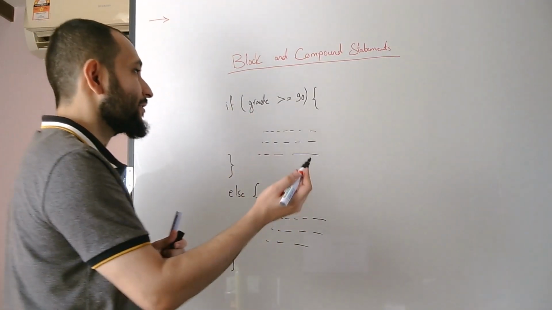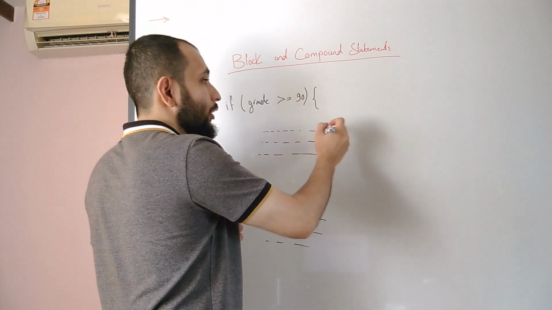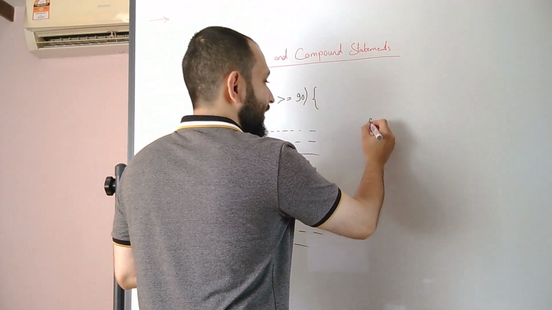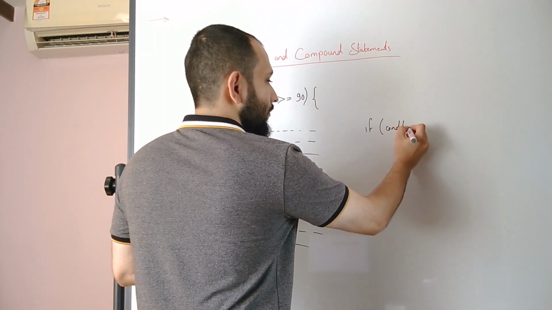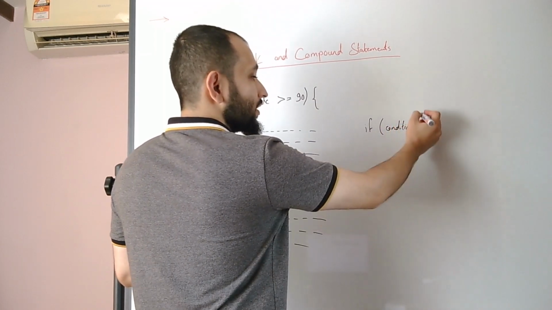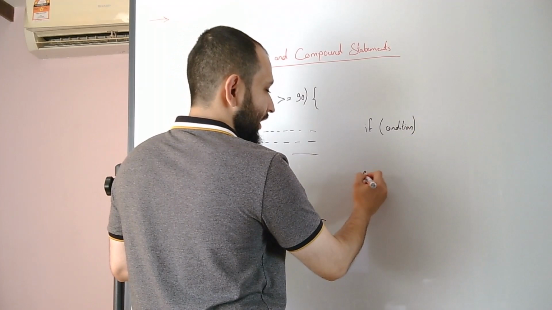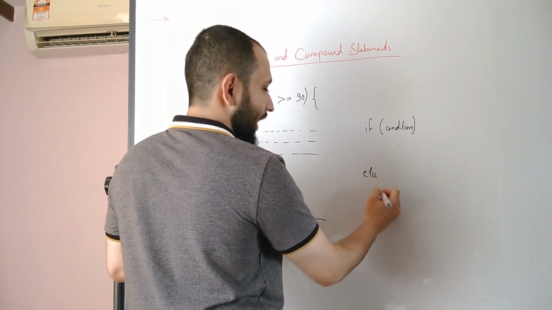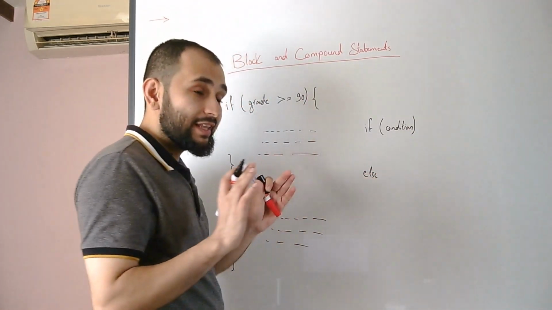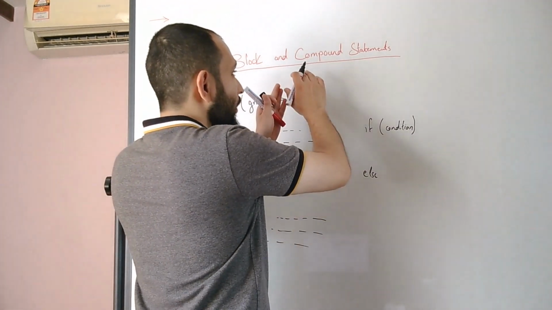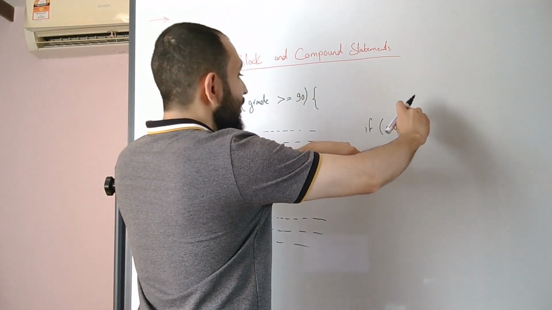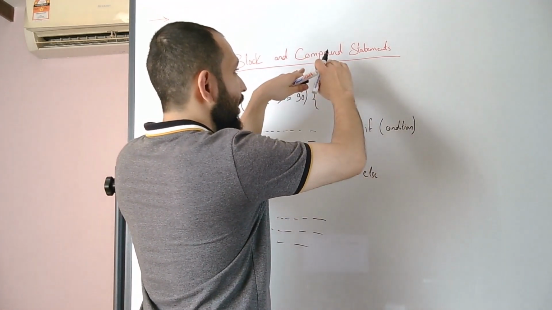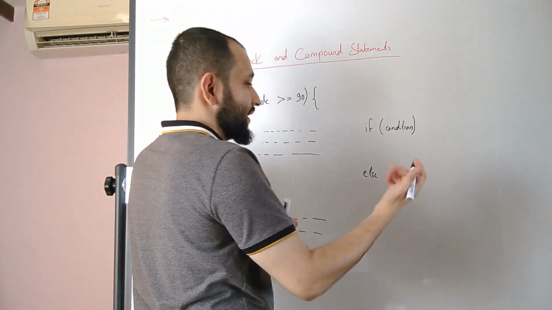But what if we do not include these braces? So if we have an if statement, here we have a condition, and we do not include the braces. And here we have else, and we don't have the braces. In this situation, we cannot have a block of code for this if statement, and we cannot have compound statements or multiple statements.